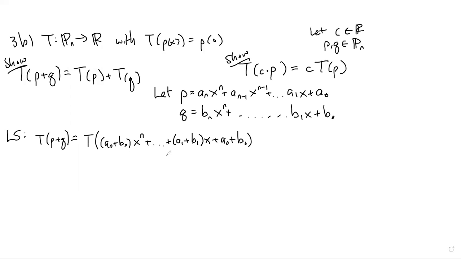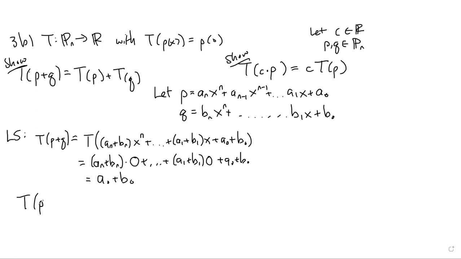And so that is just going to be evaluated at 0. So it's going to be a_n plus b_n evaluated at 0, plus all the way through, a_1 plus b_1 evaluated at 0, plus a_0 plus b_0.